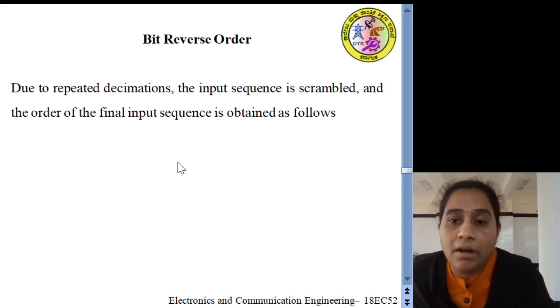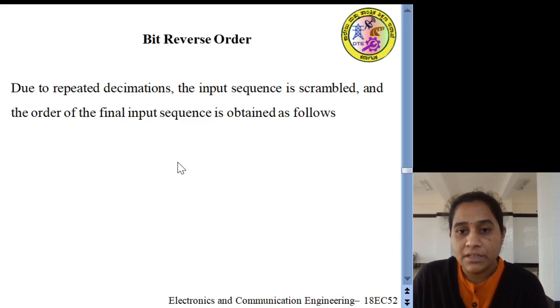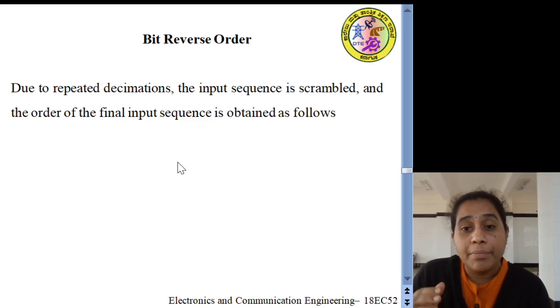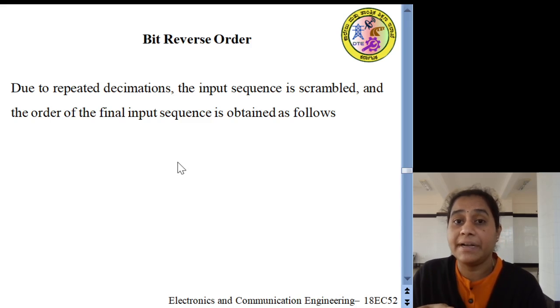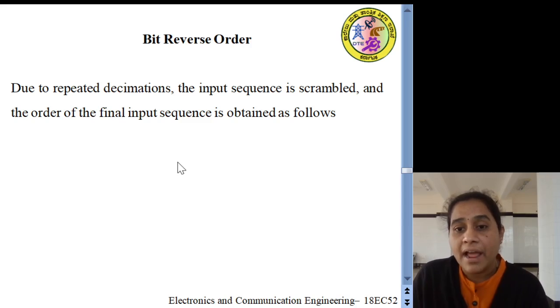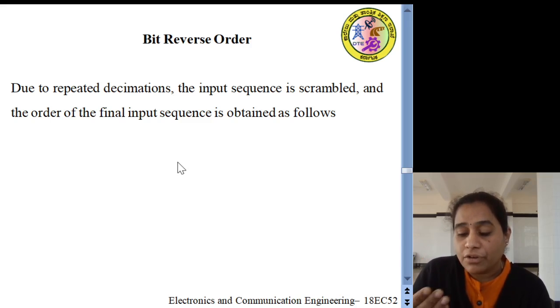As we are not giving the inputs in normal order, we are providing them in bit reversal order, because of the repeated decimations. As we saw in the previous slides, because of the repeated decimations, the input sequence is scrambled. It gets scrambled, and the order of the final input sequence will be in a different form. So we are going to see how we can obtain this.